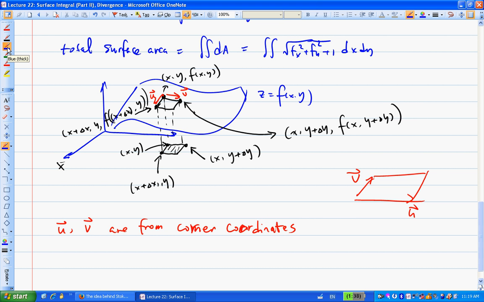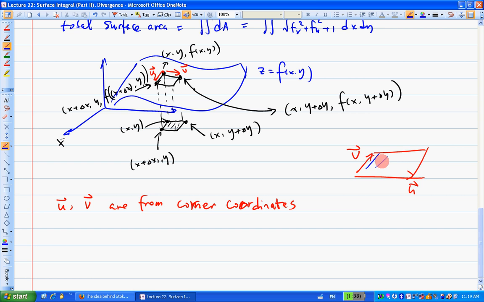Now, if you recall in the second lecture of this course, how do I obtain the area of this parallelogram? Cross product. So the area equals the absolute value of u cross v.